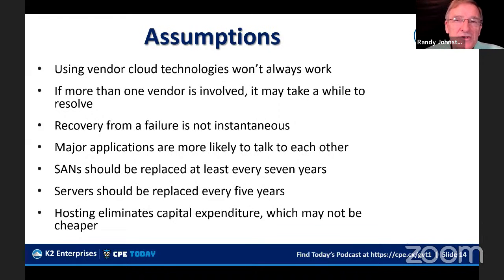If you're doing it yourself, or if you've got your own IT team that builds this, there's hard drive storage called storage area networks that should be replaced about every 7 years. And the servers should be replaced about every 5 years. So if you're doing a traditional private cloud, you're most likely going to have a cycle where you replace your servers and SANs on about a 5-year basis.